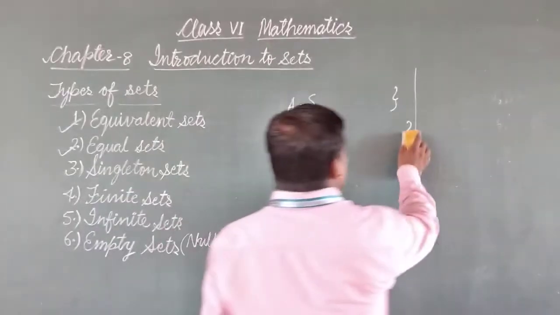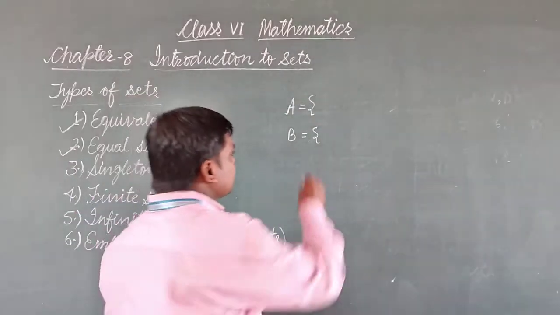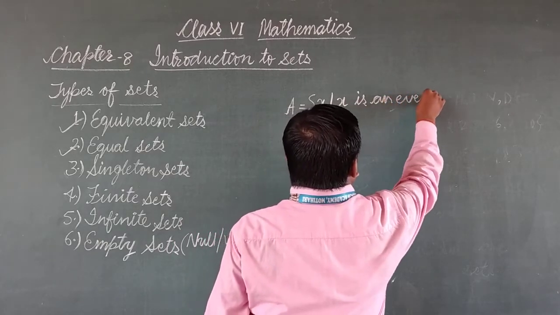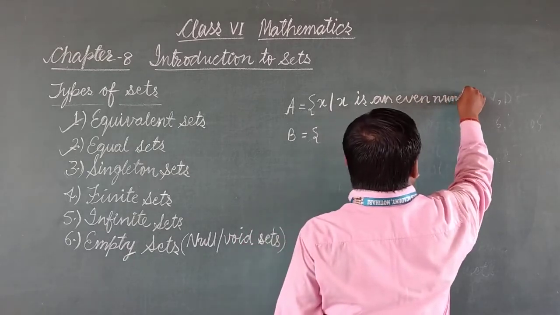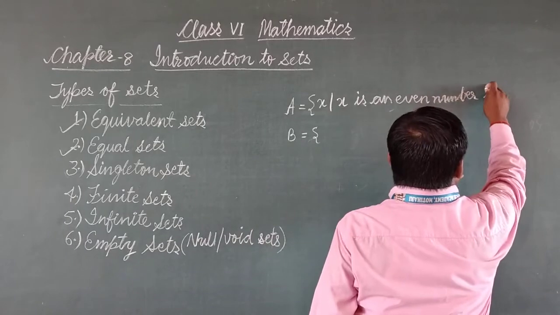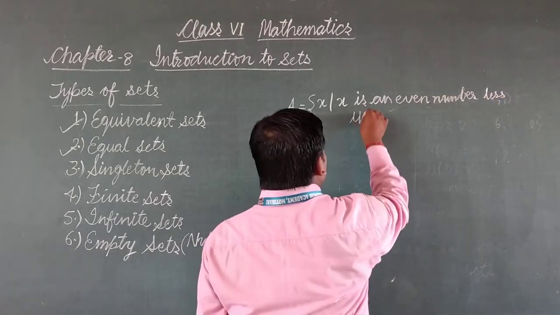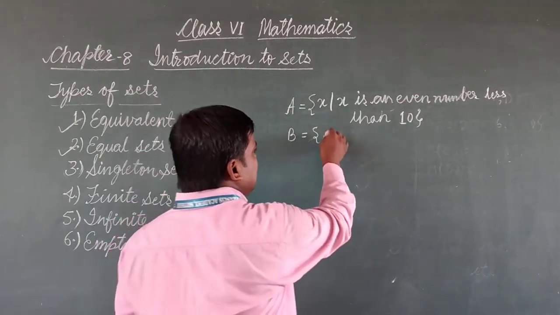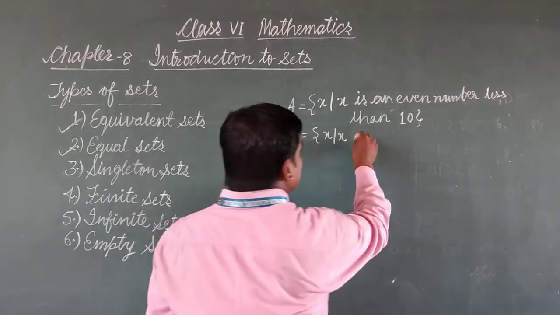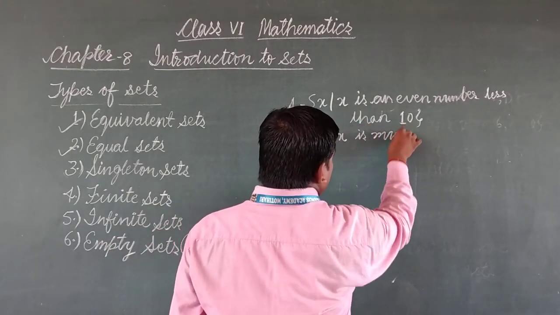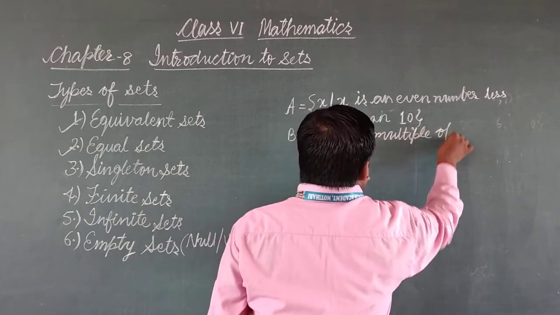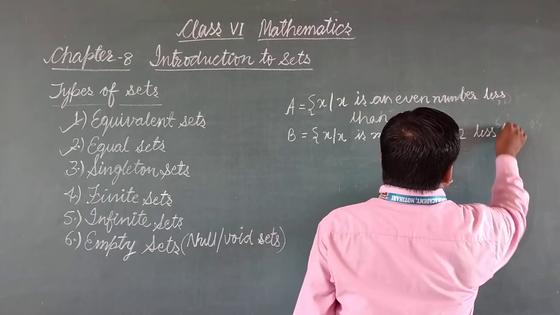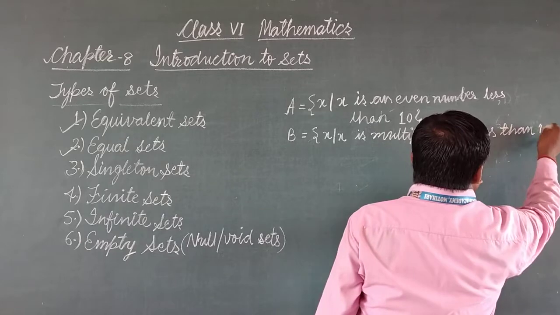if I am writing in set builder form, so try to understand, x such that x is an even number less than 10, and B is a set x such that x is a multiple of 2 less than 10.